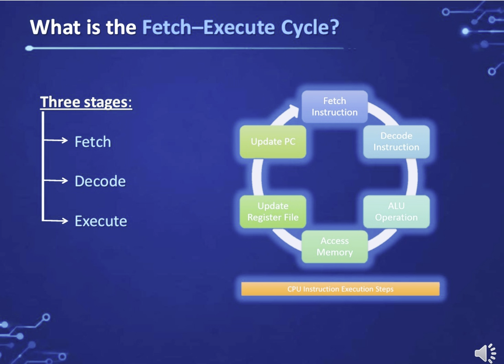The second stage is decode, where the control unit interprets the instruction and determines what action needs to be performed. The third stage is execute, where the CPU performs the required operation such as carrying out a calculation, moving data, or storing information. This cycle repeats continuously, millions or even billions of times every second while the computer is running.